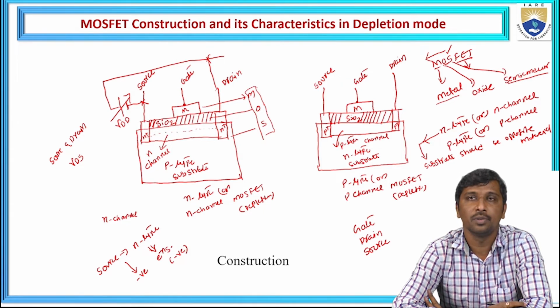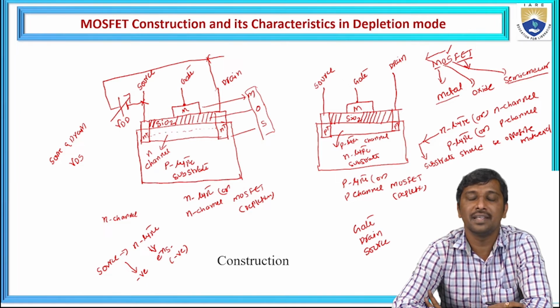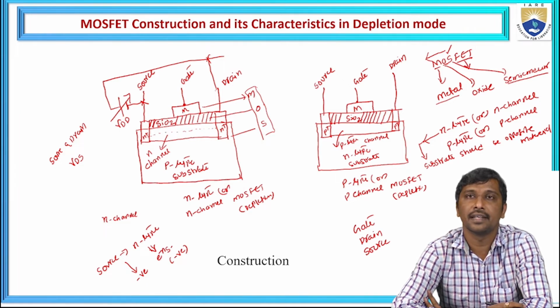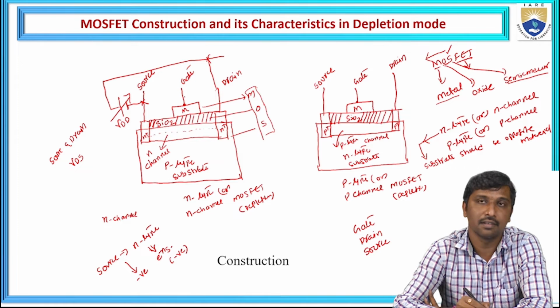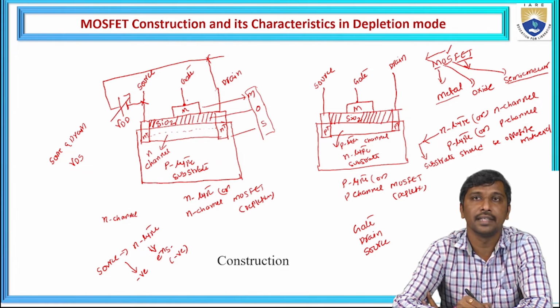Now we need to control the flow of drain current in this depletion type MOSFET. Hence, another biasing voltage is required to control or limit the flow of drain current. For this case, we require a biasing voltage at the gate.